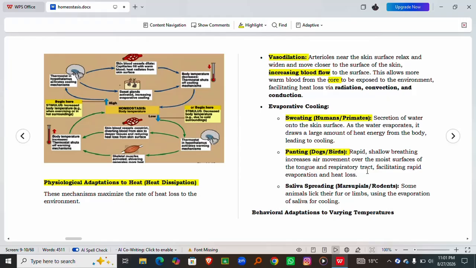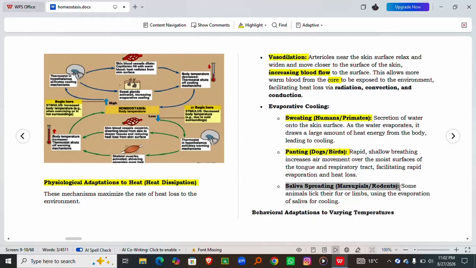So when the dog keeps its tongue outside, some of the heat is going to be lost through the moisture on the tongue and the respiratory system. That will result in evaporation of water from those body parts, and then heat will be lost through those body parts. Then there is saliva spreading.